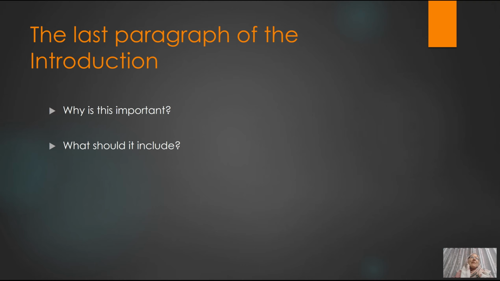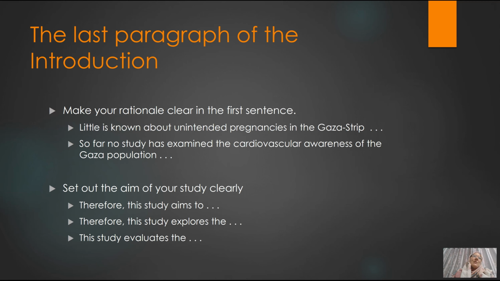The last paragraph of the introduction is very important. Why is it important, and what should it include? The last paragraph of the introduction sets out the aim and the clear objectives of your study, so that everybody reading your paper will be able to find your aim and objective of your study, to know what this is going to be about.